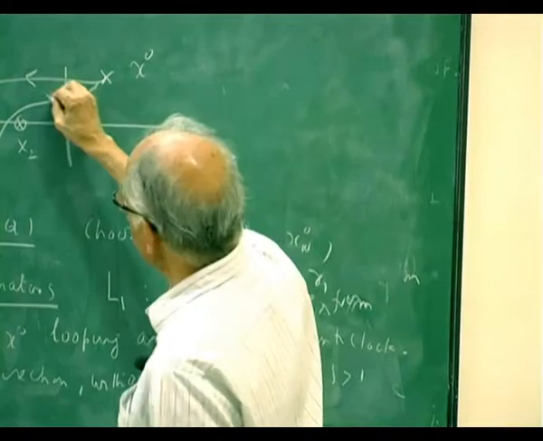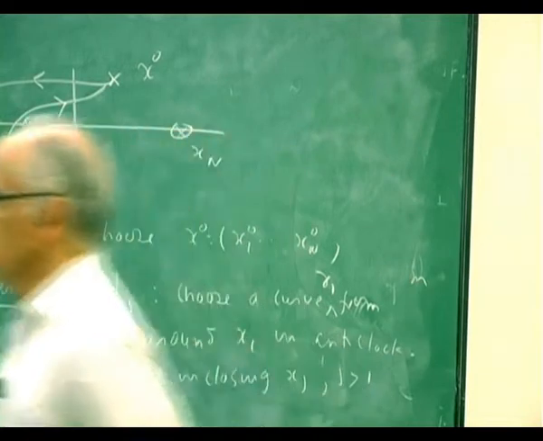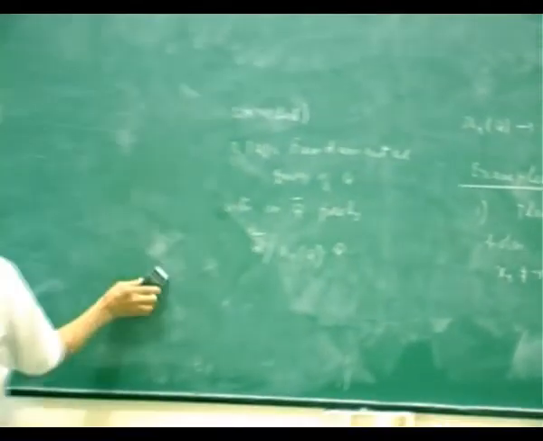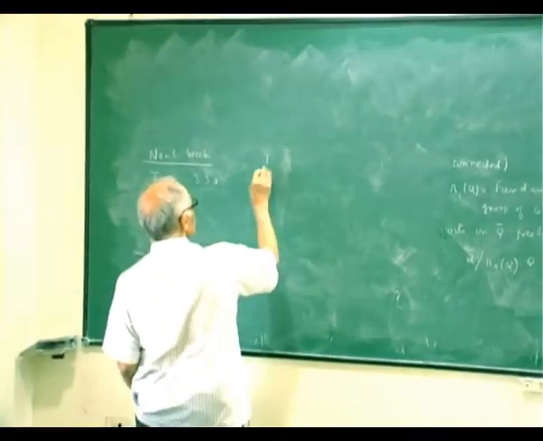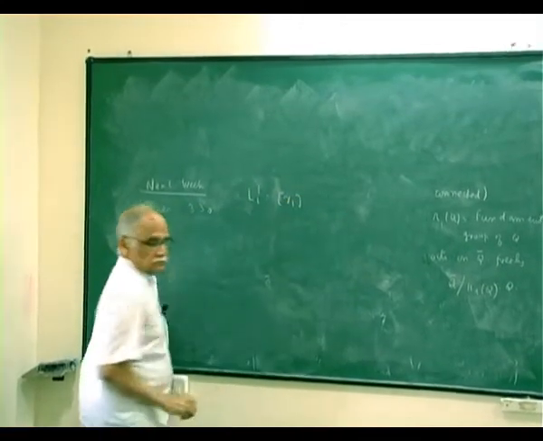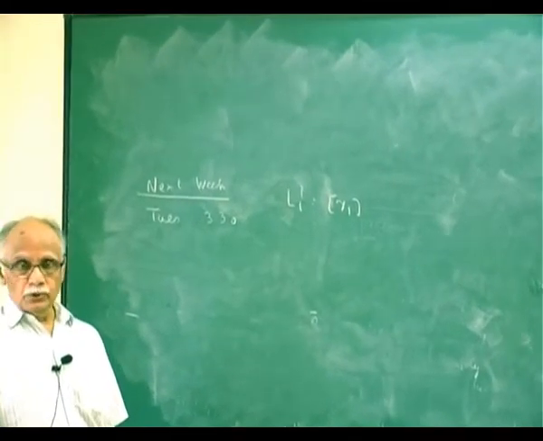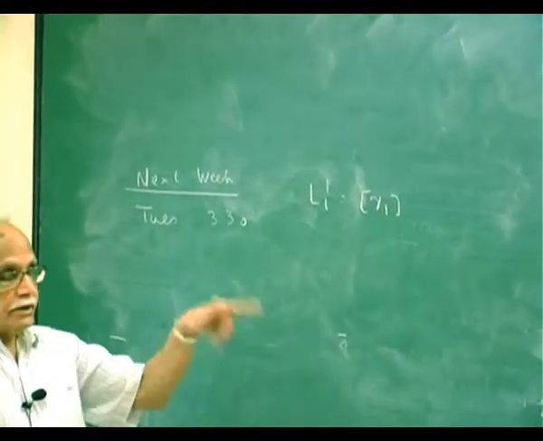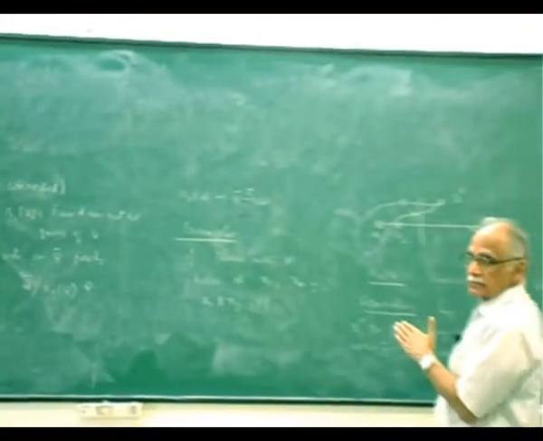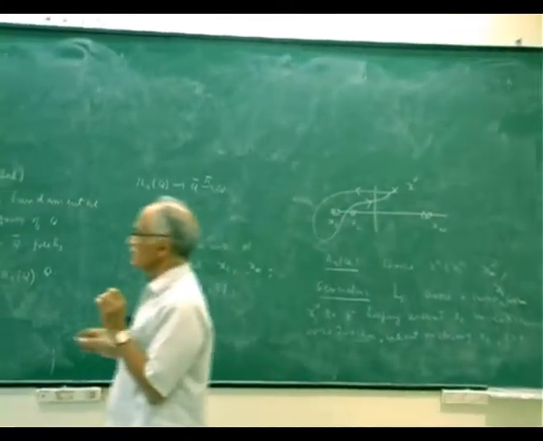Okay, go like this and come back. Now, L1 is the homotopy class of gamma 1. So you take all loops like this, you can distort them without crossing the other points, and identify them, you get one element. Okay. Similarly, Lj.